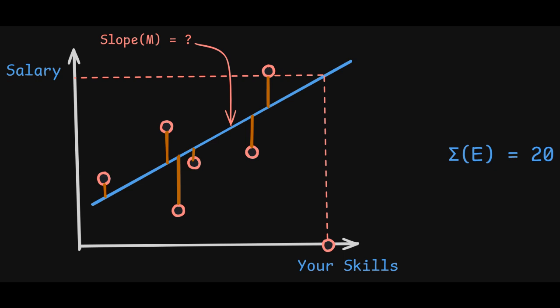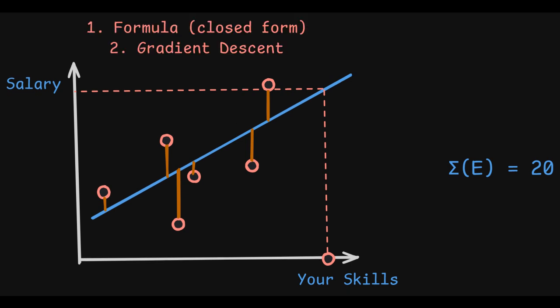So in order to find the slope of this line, we have two methods. First is the formula based method, which is also called the closed form method, and the second method is the gradient descent method.